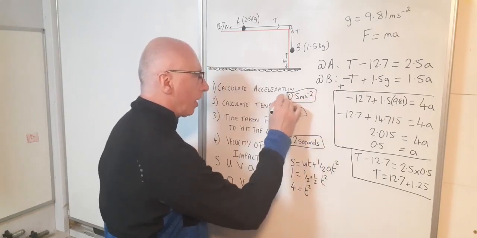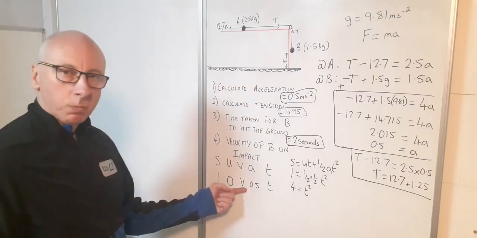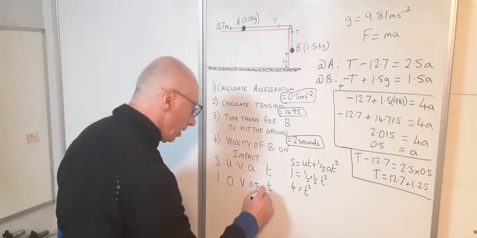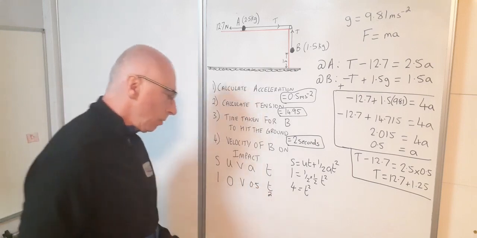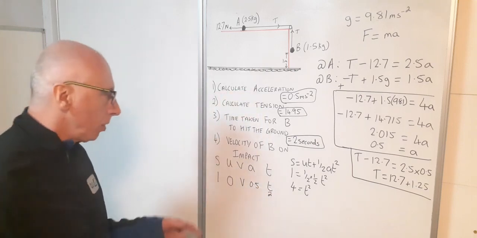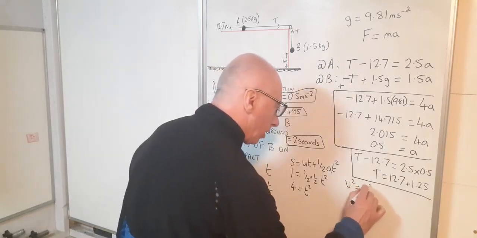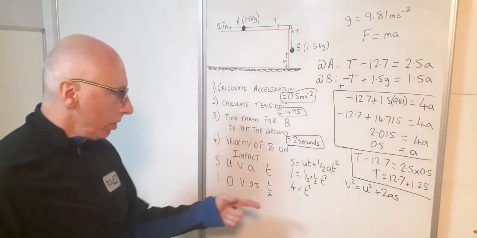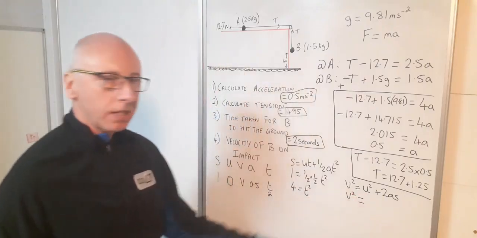Now we just need to find the velocity. We can use our SUVAT equation again: v squared equals u squared plus 2as. v is the velocity that we want. Initial velocity is 0, so that disappears.